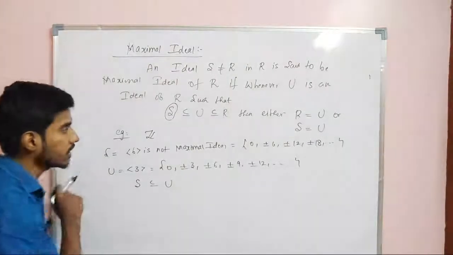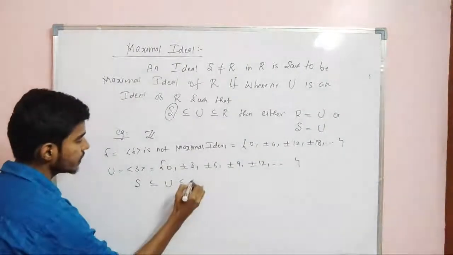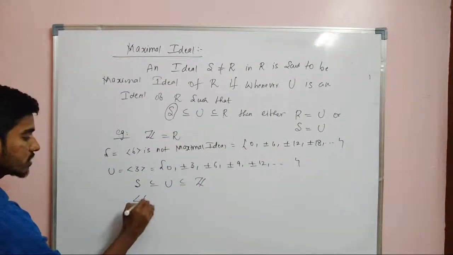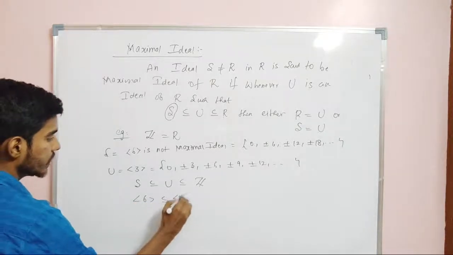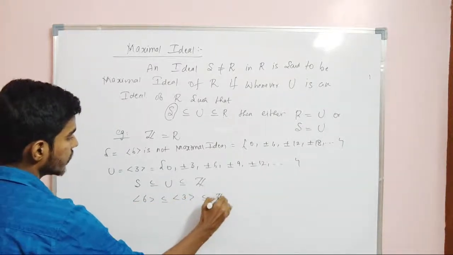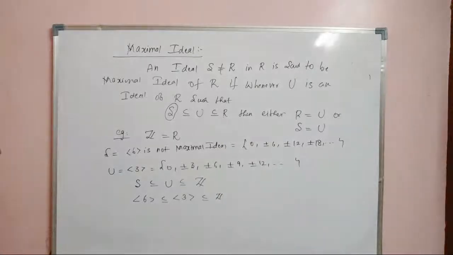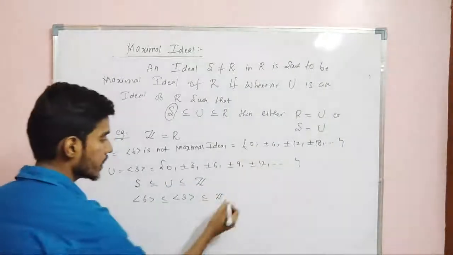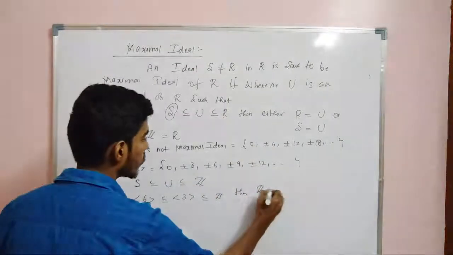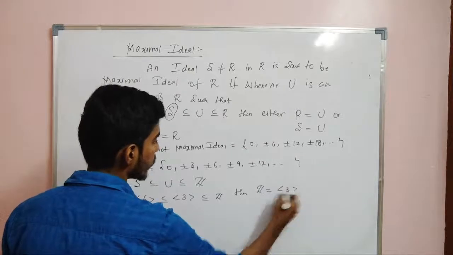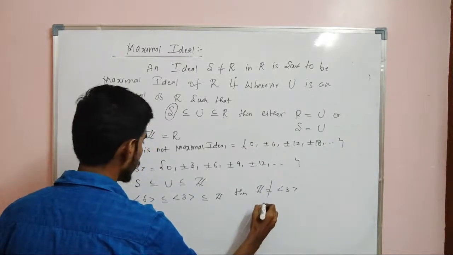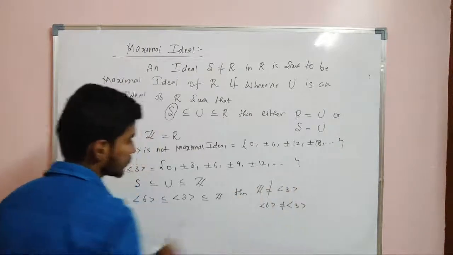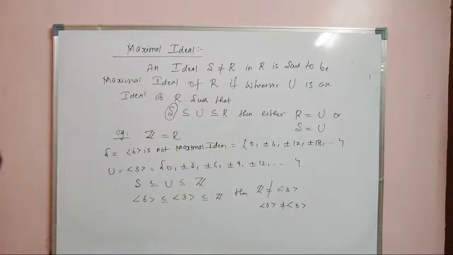So S is contained in U and U is contained in Z because our R is equal to Z. So we have the ideal of 6 contained in the ideal of 3, and this is contained in Z. If this happens, then R has to be equal to U or S has to be equal to U. But here you can see R is not equal to U, and S is also not equal to the ideal of 3. Both are not equal, right?